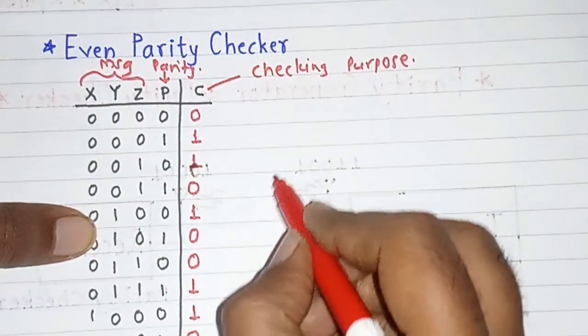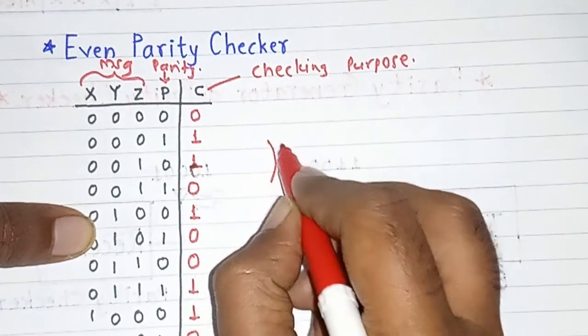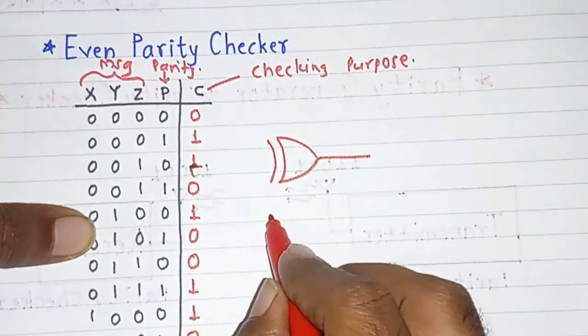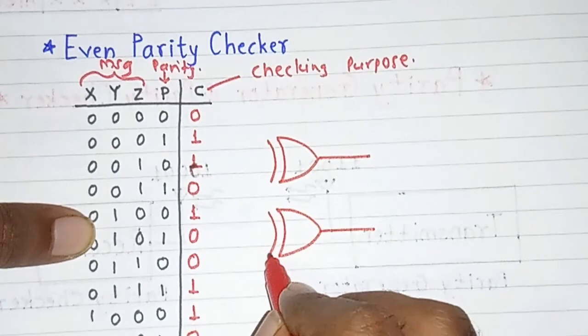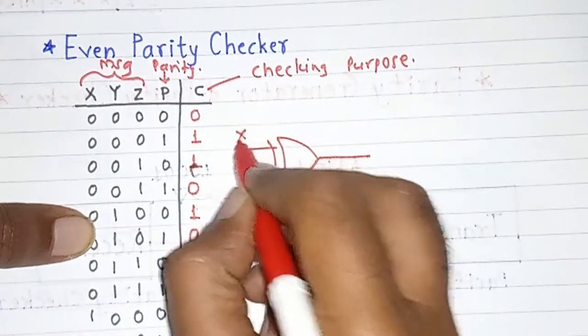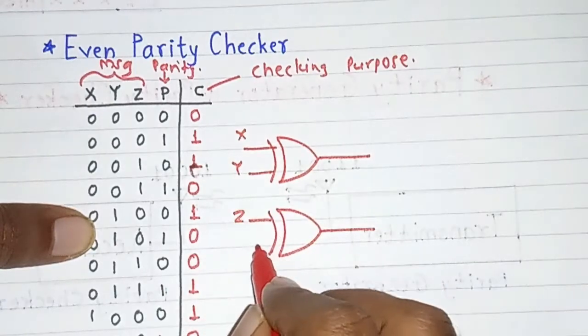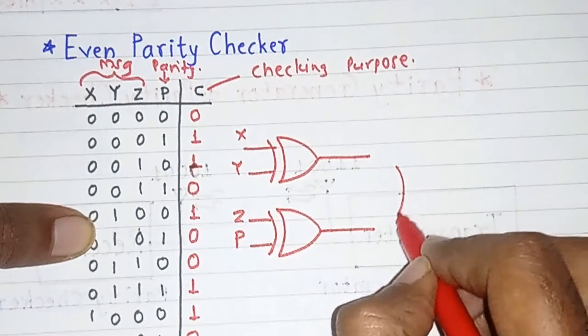So by using simple XOR gates we can design the even parity checker circuit. Here X, here Y, here Z and here P.